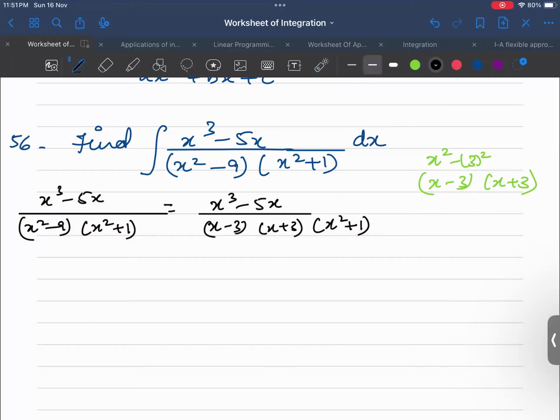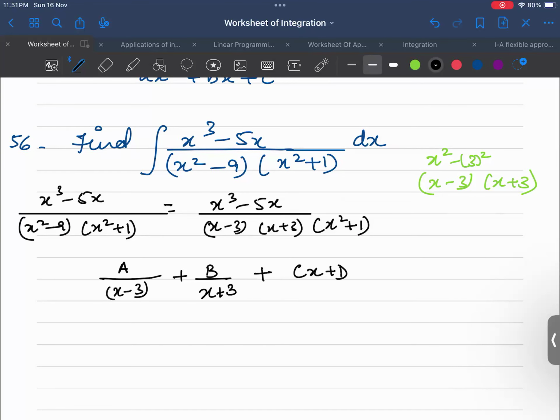Whatever the linear is, we will write a upon x minus 3, as in the previous questions we have seen, whenever it is linear, we use only one constant, plus b upon x plus 3. Plus now it would be cx plus d.